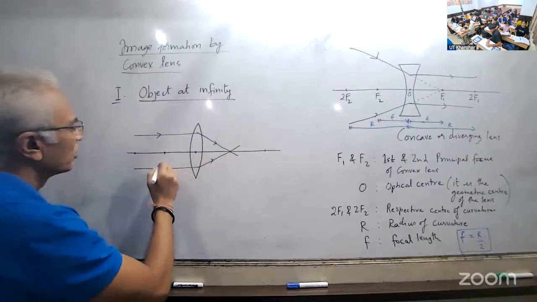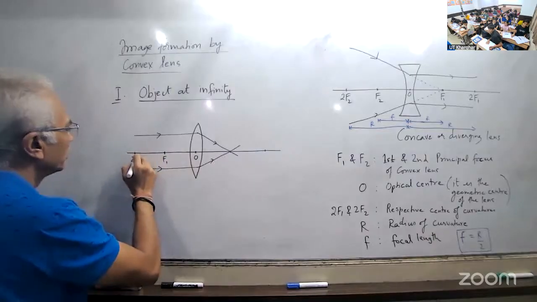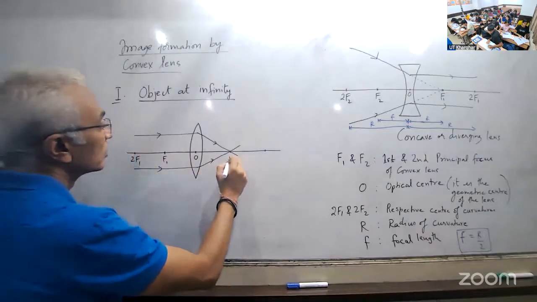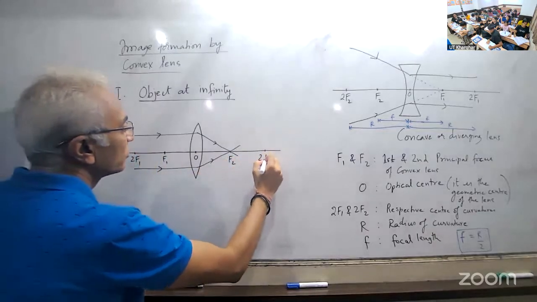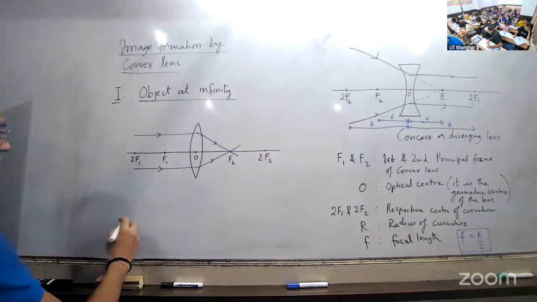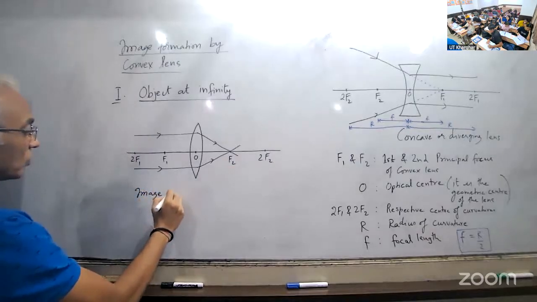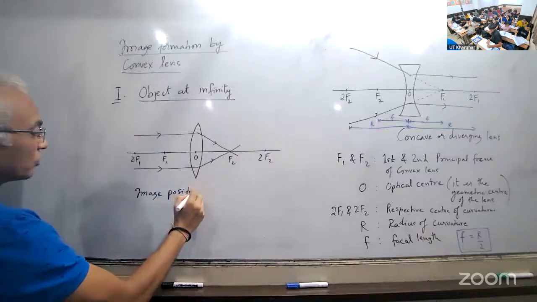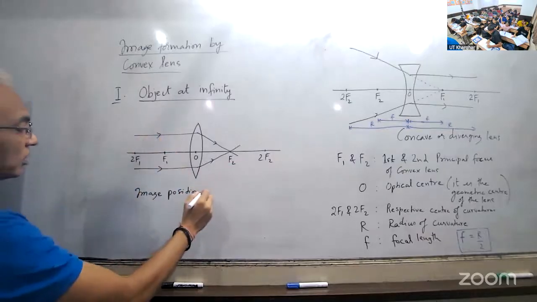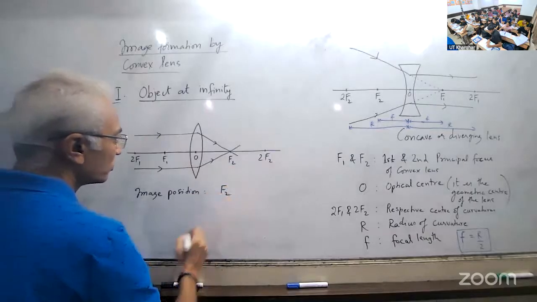Okay. Now you can label the diagram. This is O, F1 and 2F1, F2 and 2F2. So where is the image position? For every object position, you have to mark the image position, which is F2.